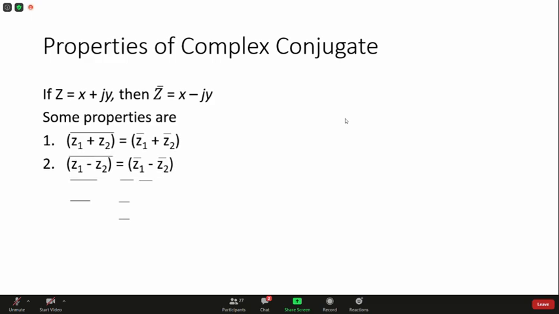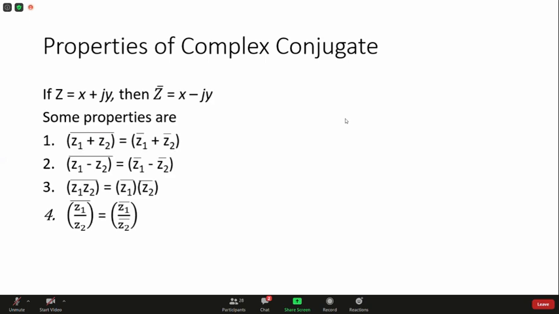These are some of the properties of complex numbers, and it is up to you. If you can prove this, you can try yourself. The conjugate of z1 plus z2 equals the separate addition of the individual conjugates. You can easily show the first and second one. Try yourself later, right? I'm not going to explain these, they are so simple.